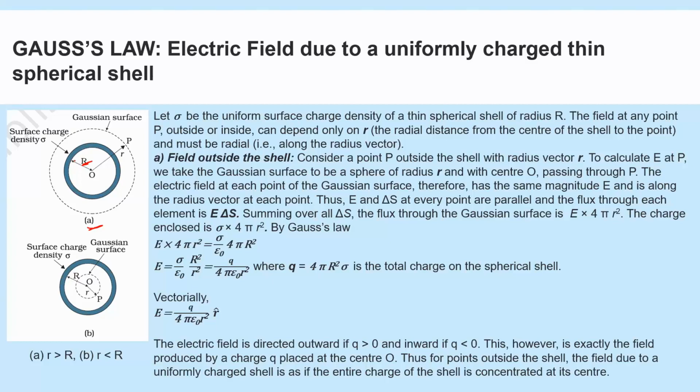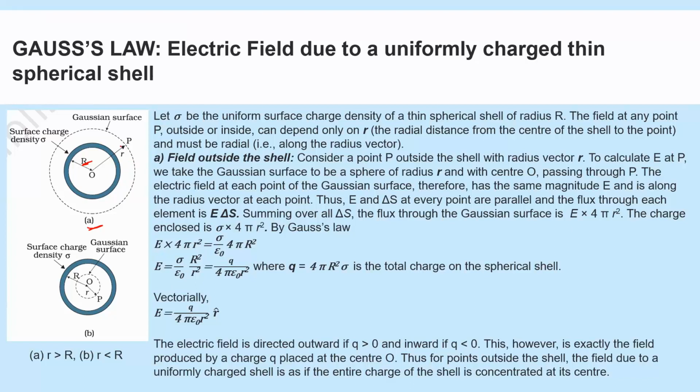Now for each point on the Gaussian surface, the electric field E is going to be the same along the Gaussian surface, and it's directed along the radial direction, the radius vector at each point, R bar.